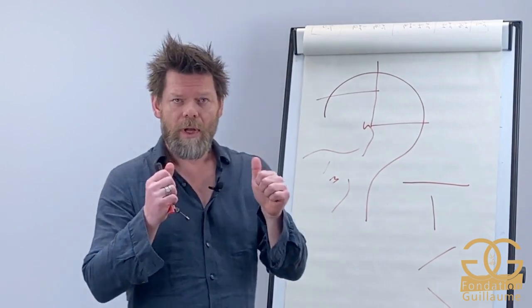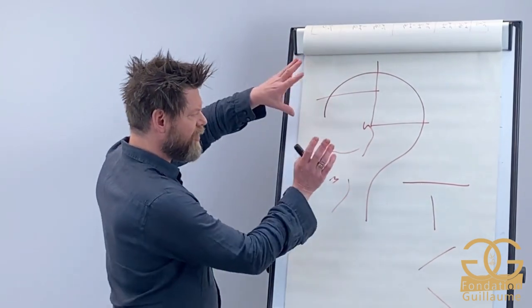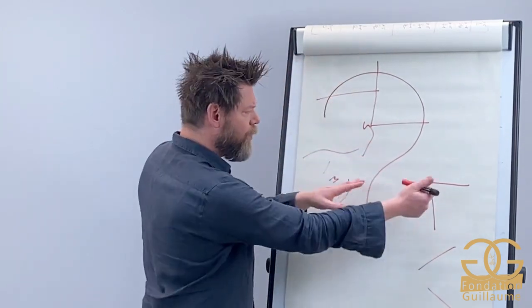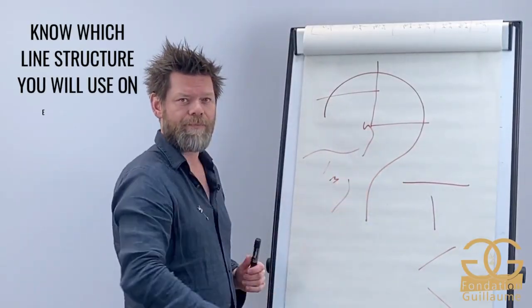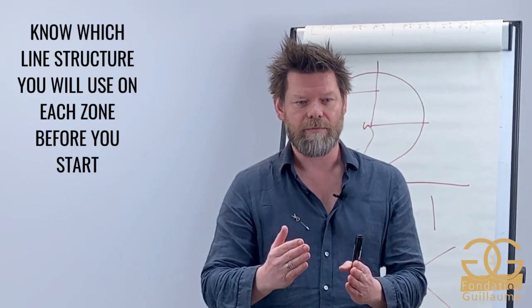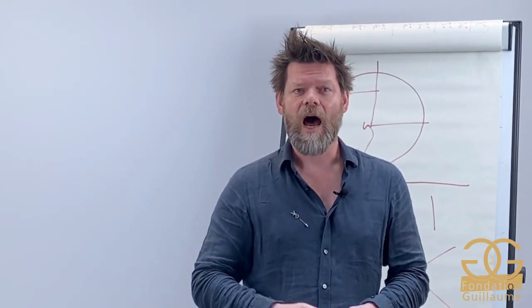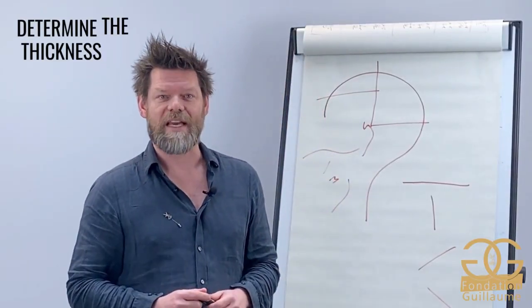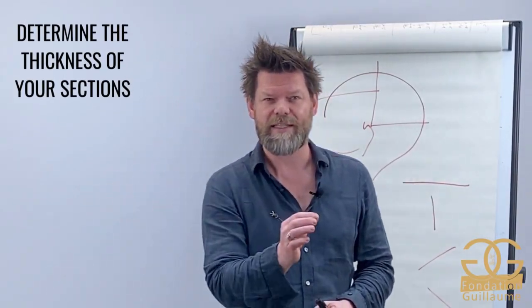What we know already now is we have a certain zone, and we know how we want to take our sections and which line structure we're going to use. It's very important that we decide that before we start. The other and most important thing for highlights is how thick the section will be. We know which line structure we're going to take, but how thick does it need to be?